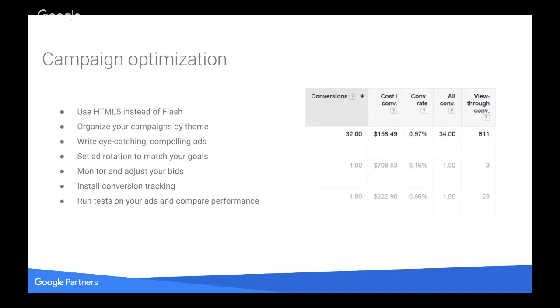On the same note, let's talk a little bit more about how to optimize your campaigns. One crucial thing to remember is that you now need to use only HTML5 ads instead of Flash ads. You can go ahead and organize your campaign by theme. This really helps with quality as well because they're all thematically grouped and therefore your ad quality and landing page quality are going to be much better.